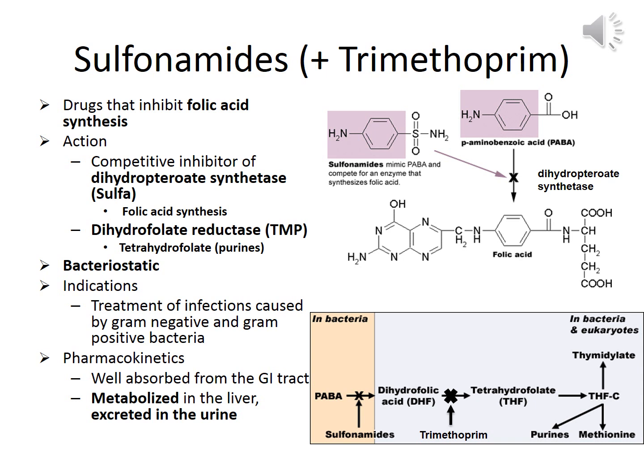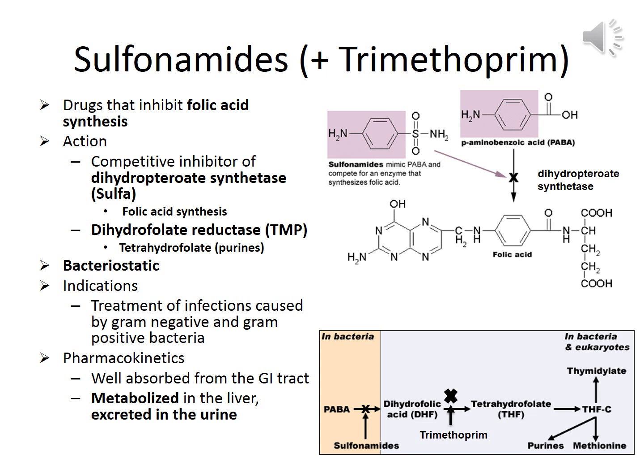And so tetrahydrofolate is actually needed to synthesize purines and methionine and thymidylate, so basically DNA and those kind of things. And since we have a series of reactions and we block 2 enzymes in that reaction, the combination of the 2 drugs is much more effective than using the drugs individually.